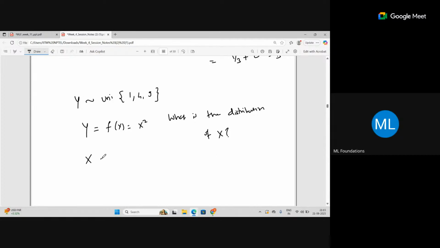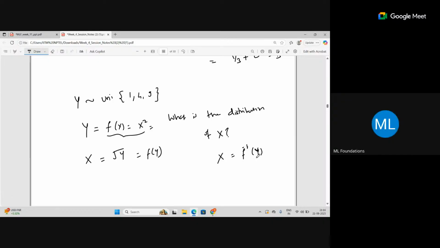So I can write x as root y. Okay, and what do you do then? You are writing x in terms of y, right? Can I say that it's kind of f inverse of y? I can write f of x as x square, so if I wanted to write what is x, then it is basically f inverse of y.